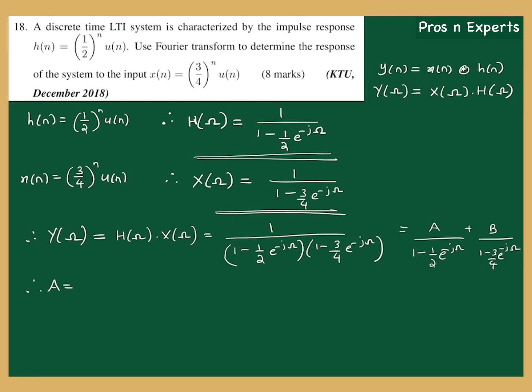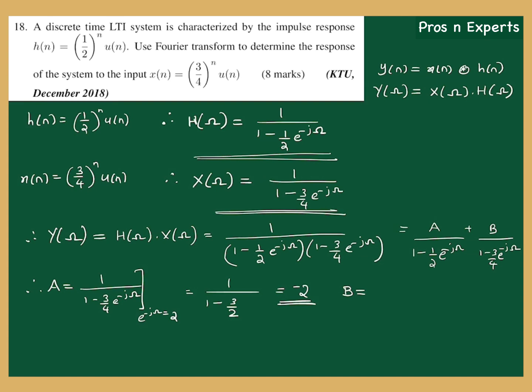So A equal to 1 by 1 minus 3 by 4 e raised to minus j omega evaluated at e raised to minus j omega equal to 2. Okay, so that is 1 by 1 minus 3 by 2, and that will give you minus 2. Okay, so A equal to minus 2. Similarly, what is B?